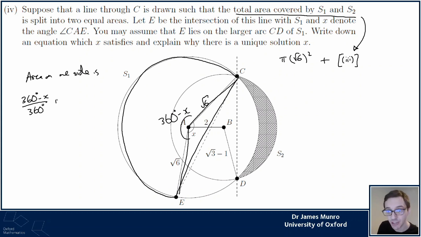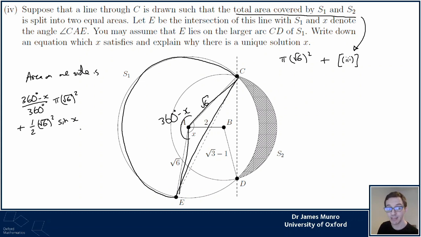So it's that much times pi r squared, that much of a circle, plus I've got this triangle bit as well between A, E and C. That's going to have half root 6 squared sine x, I think, for the area, half A being sine x. Yes, okay. That's the area on one side.